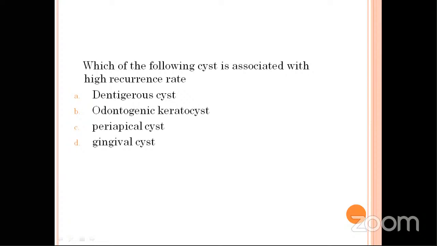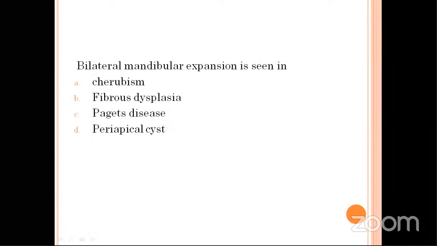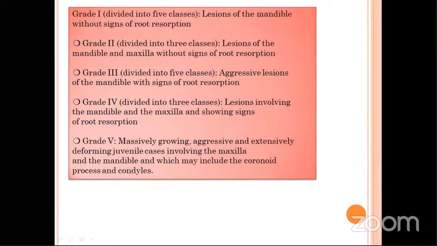Which of the following is associated with high recurrence rate? It is again OKC. Bilateral mandibular expansion is seen normally in cherubism. So it has different grades to actually categorize: grade 1, grade 2, grade 3, and grade 4, which involves different areas of the maxillofacial region.